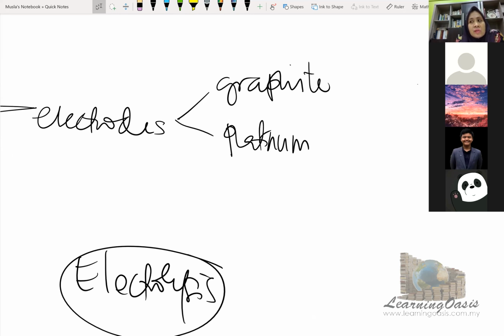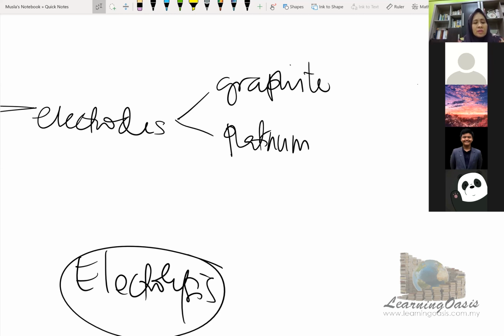The movement of ions. Are there ions in graphite? No. What makes graphite able to conduct electricity? Nina, what makes it possible for graphite to conduct electricity?